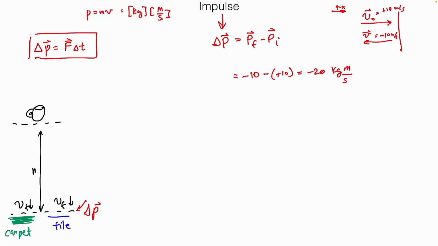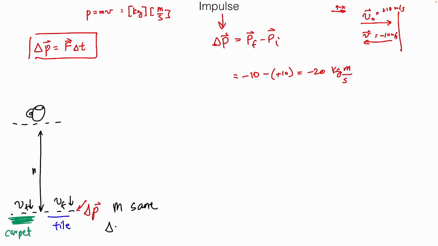But I'm here to tell you right now, this is the difficult conceptual part. The impulse is exactly the same. Because impulse is not impact, no matter how much they sound the same, okay? Impulse is not impact. What is impulse? It's the change in momentum. Before and after, whether it's the tile or the carpet, the cup had the same mass.